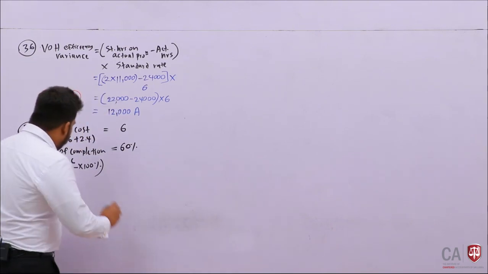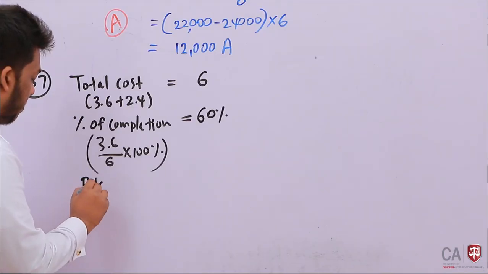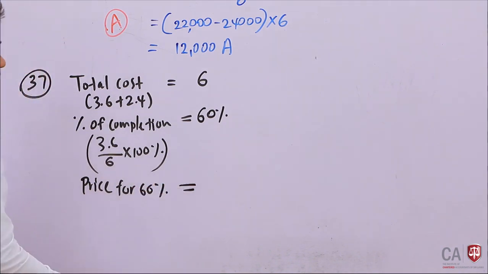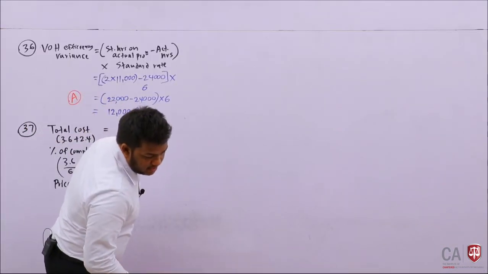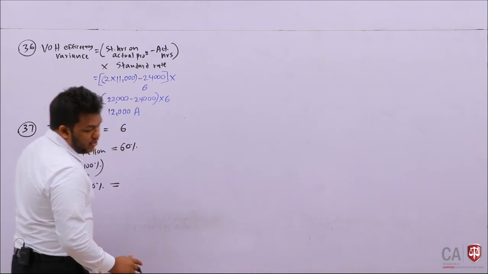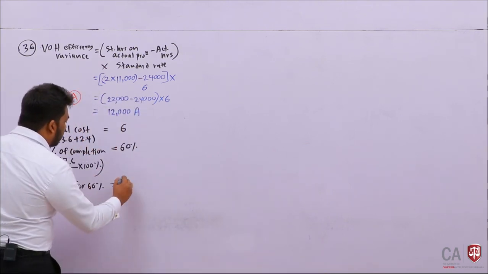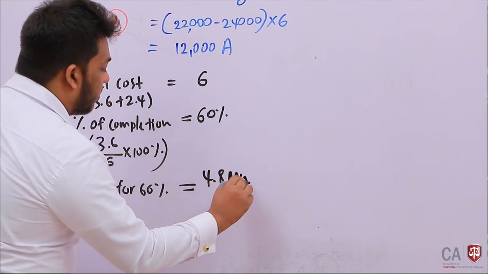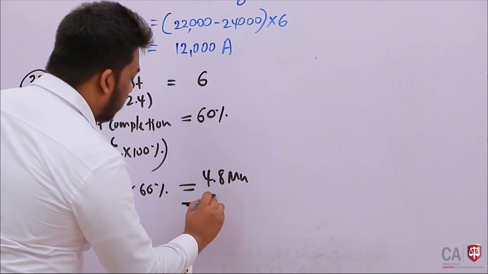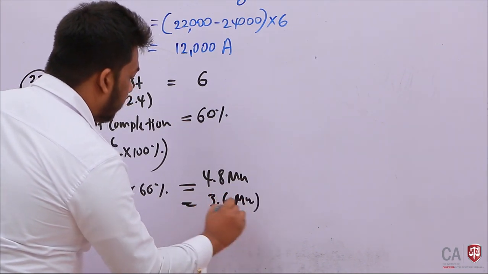Then the price charged for 60%. How much? The agreed price is 8 million. So 8 million into 60% is 4.8 million. Cost is 3.6 million.